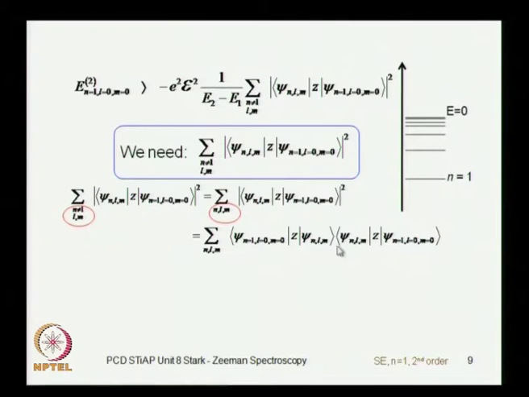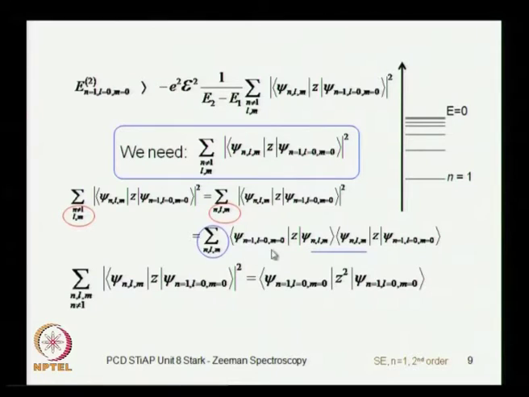So, this is the summation that we want to get, and this is the modulus square. So, this is the product of the matrix element of Z times the complex conjugate of this, and now you recognize the advantage of extending this sum to include n equal to 1, because that is what makes this what is sandwiched in between a unit operator, that is the resolution of unity.